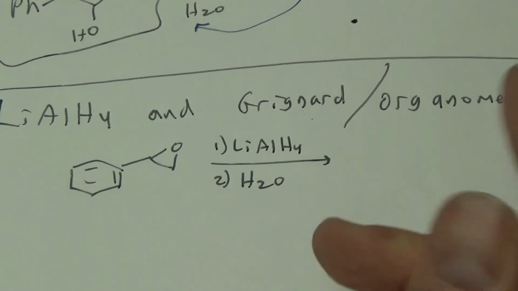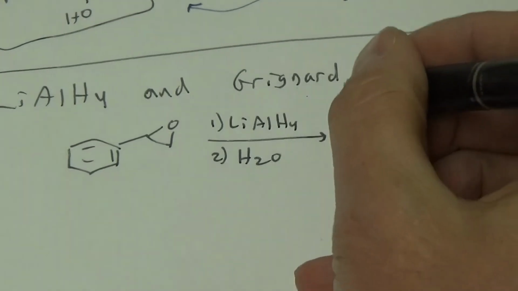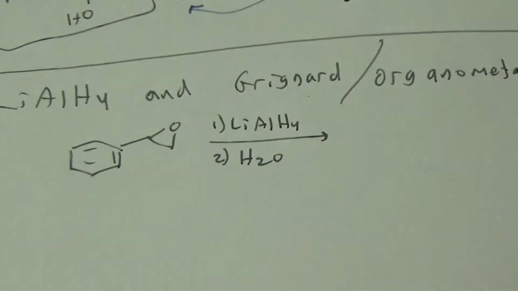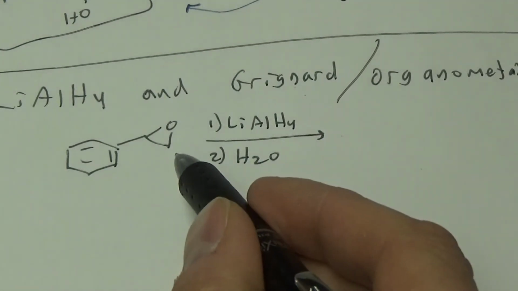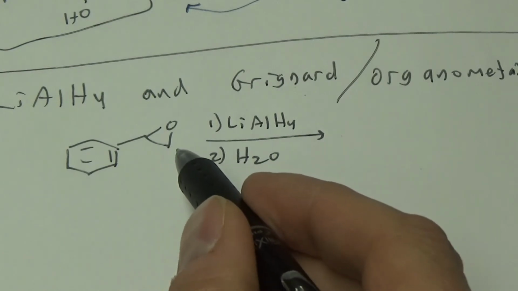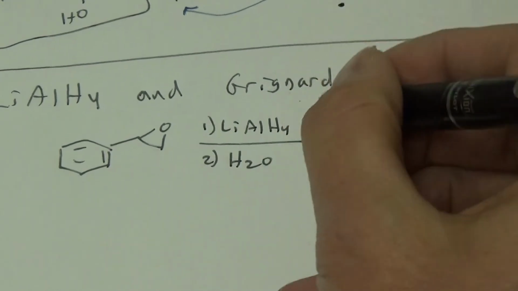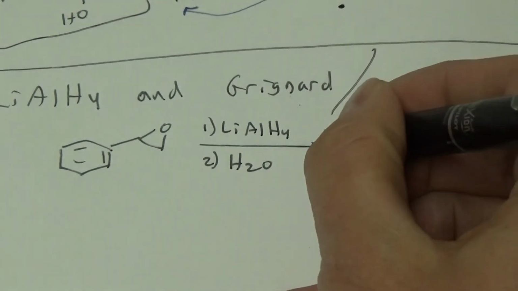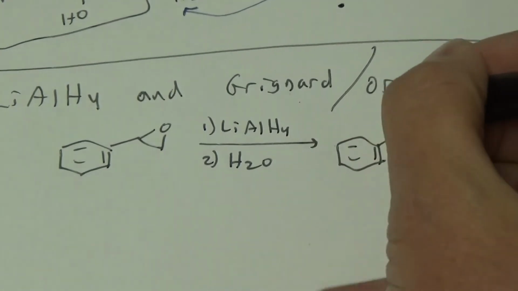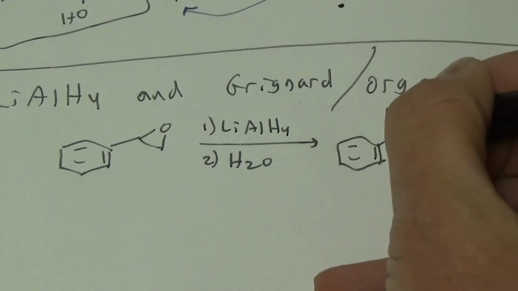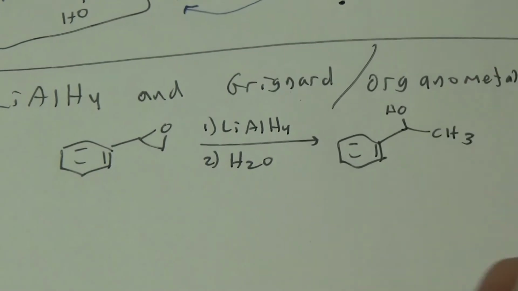It's a nucleophilic H minus. So H minus attacks, and it's going to attack the right side because that's the least hindered side. The product is that.